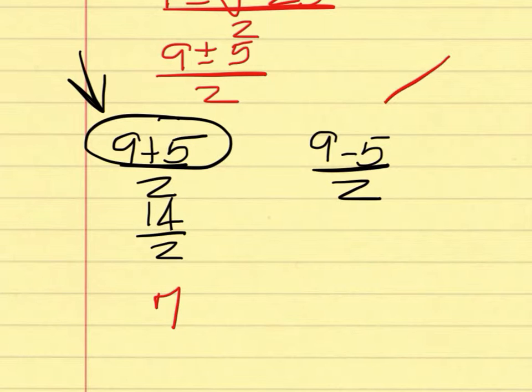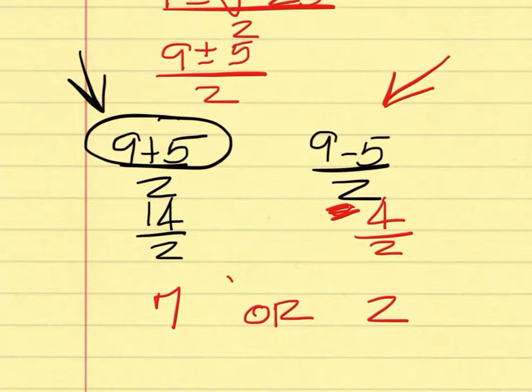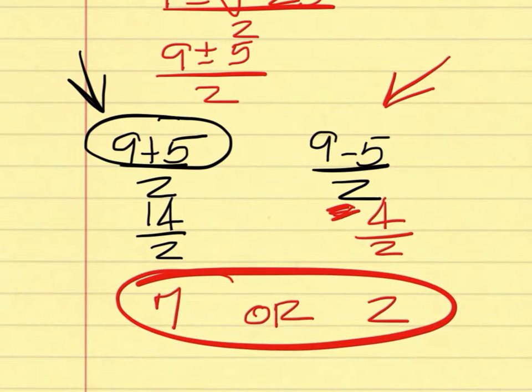All right, so what will my answer be on the right-hand side? And we'll give this one to Owens again. Yep, it'll be 2. So 9 minus 5 is 4 over 2, so you'll get a 2. 7 or 2 would be your answer.